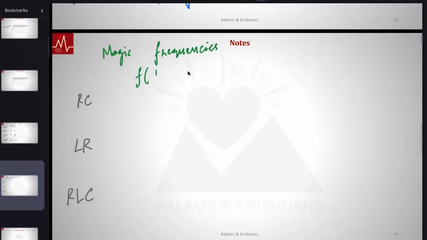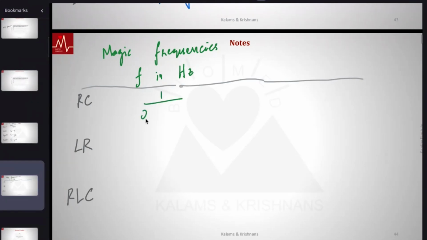Frequency in hertz: you have 1 by 2 pi time constant RC. Here you have 1 by 2 pi time constant, that is L by R. This R goes to the numerator. And here you have 1 by 2 pi square root of LC.